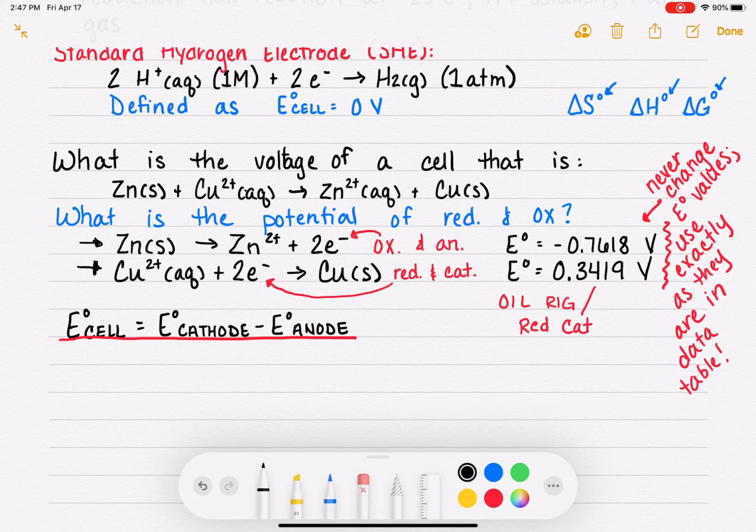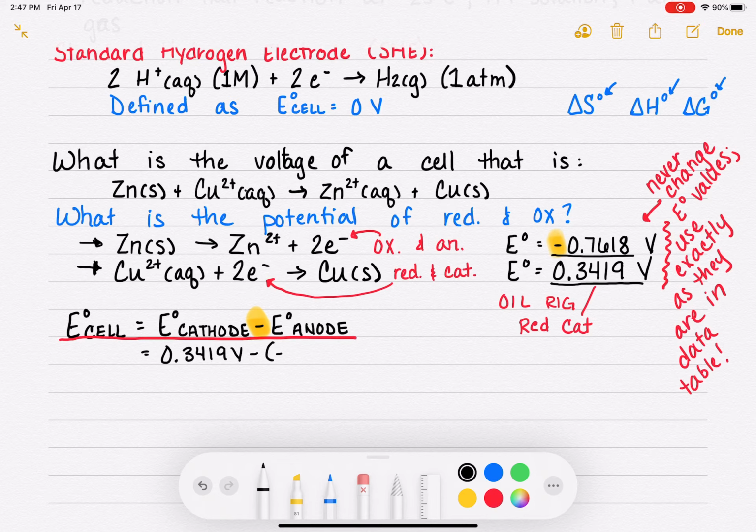The voltage of the cathode, 0.3419 volts, and the voltage of the anode. Now look at what's going on here. We have this negative sign built into our E-cell equation. Since we did not change the sign when we brought that data off of the table, even though the reaction was backwards, the negative sign in our E-cell equation is going to do the changing of the sign for us.